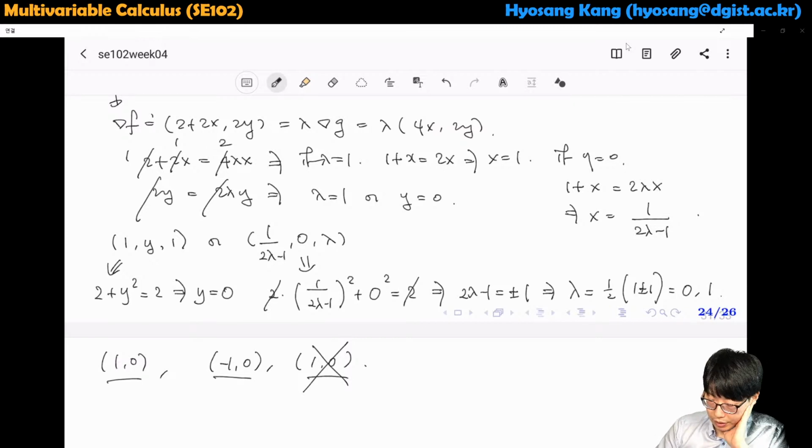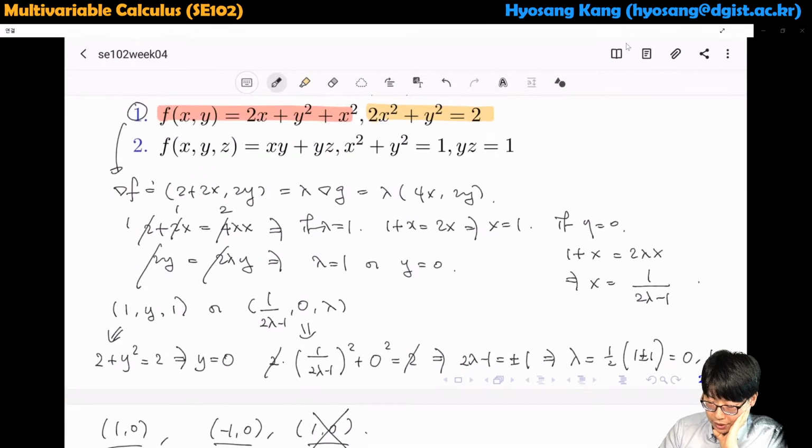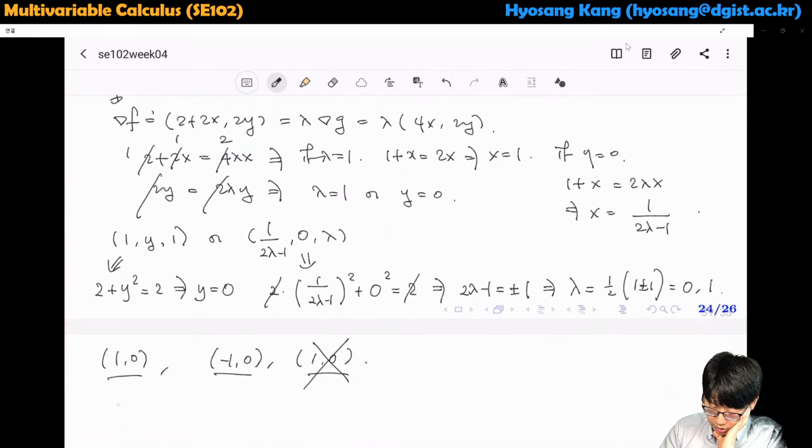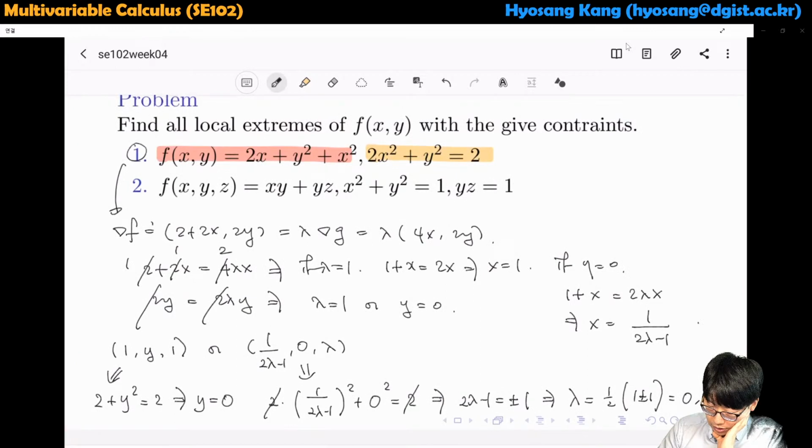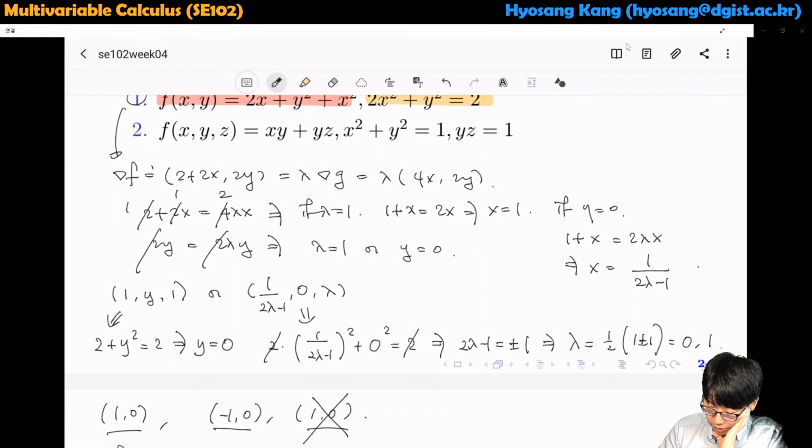So how do we determine whether it is a local minimum or local maximum without graphing the function? The best way is just to graph the function, but if you cannot graph it, then plug these two points into the function. Look at the value of the function at (1, 0). The value becomes 3, right?